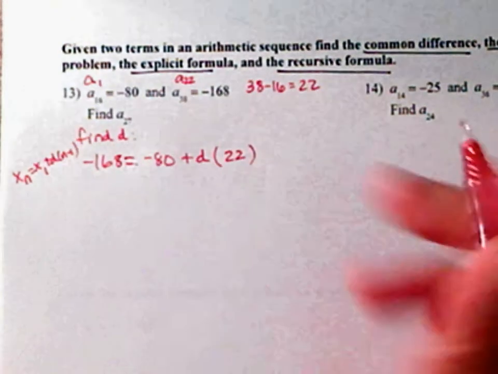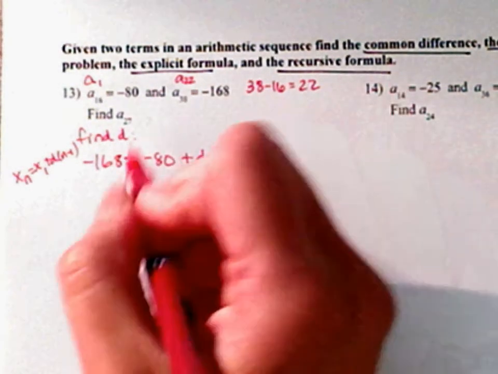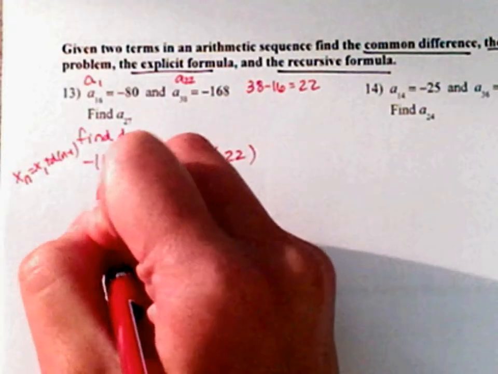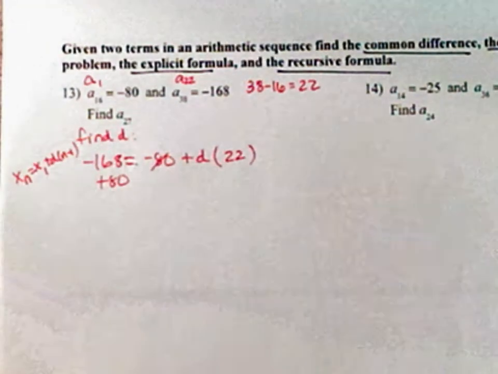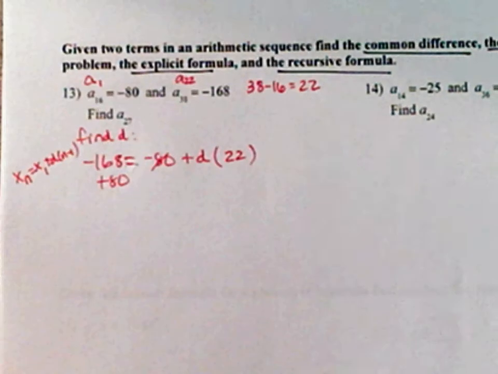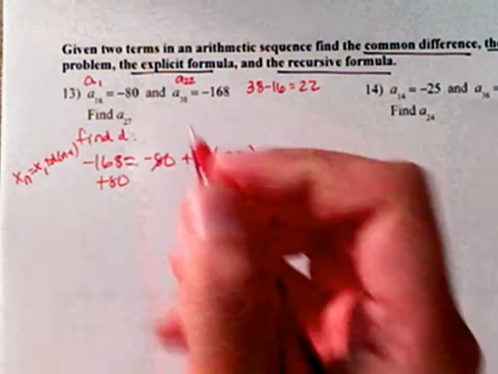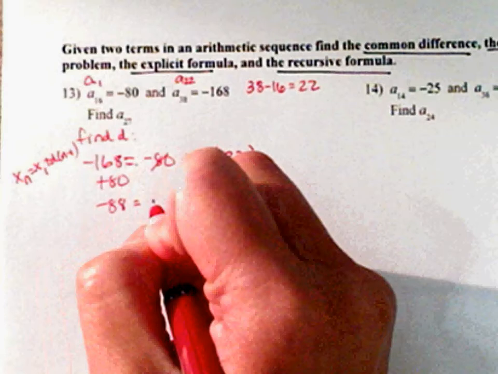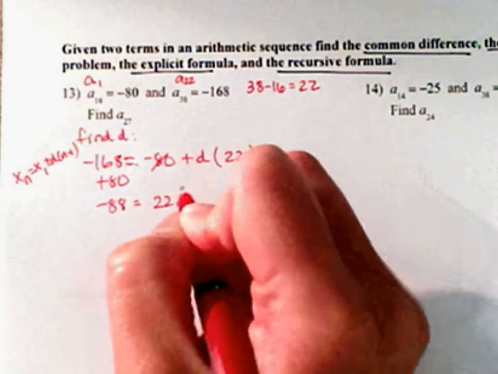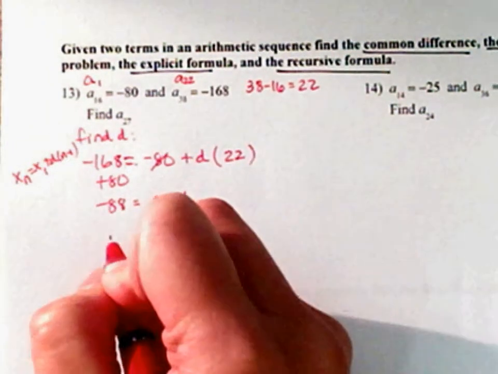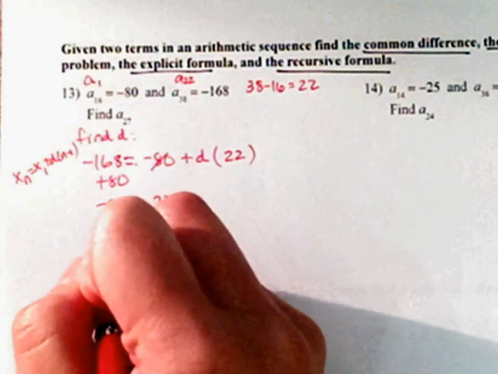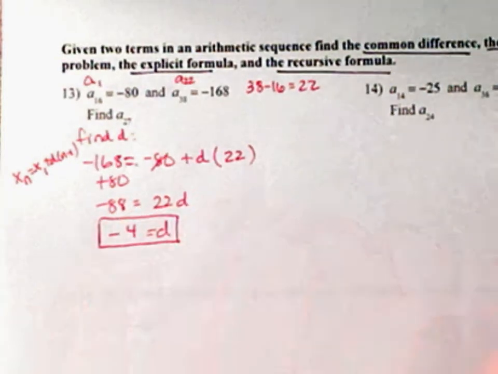Okay? Solve for D. So, plus 80. That gives you -88 equals 22D. Divide by 22, that gives you -4. There's your D. There's my common difference.